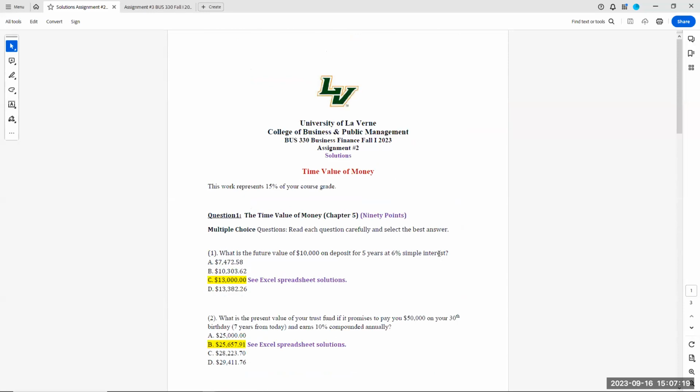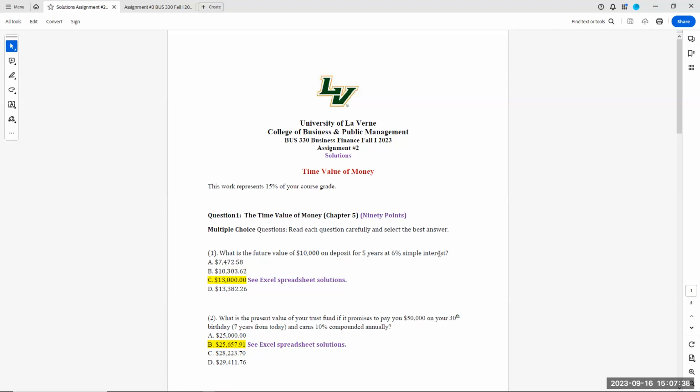So when you review your posted answers in your grade center and you see the amount of points taken off for those, you'll see where you stand in relationship to the overall assessment of the assignment. Assignment number 2 is worth 15% of your course grade.